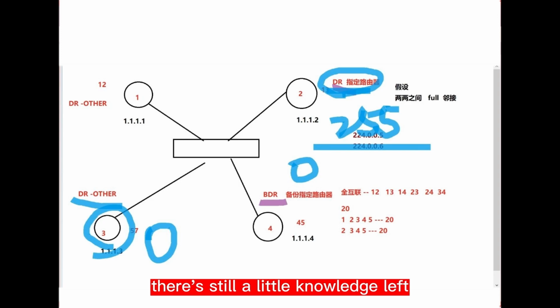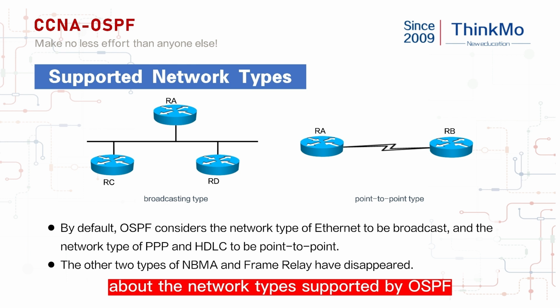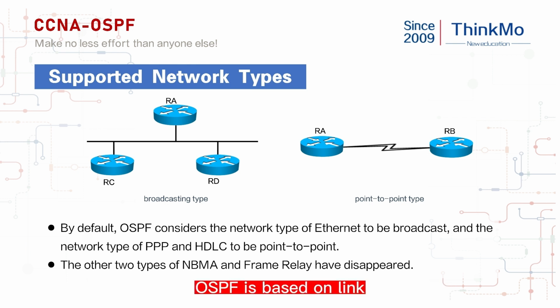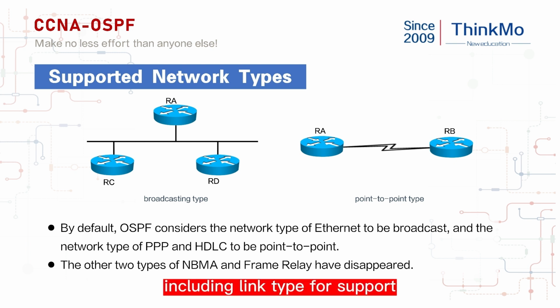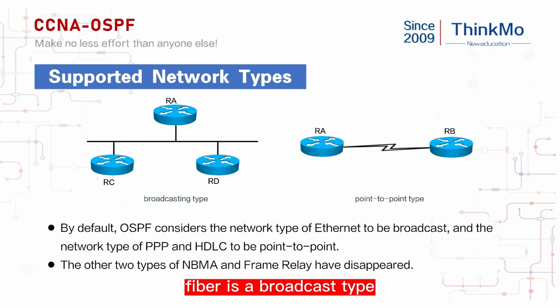What we just talked about are actually some divisions. There's still a little knowledge left. Let's briefly talk about the network types supported by OSPF. OSPF is based on links. This is the interface type, including link types for support. OSPF used by different transmission media supports different environments. Now we use network cables and fiber optics, and the default is the broadcast type. As long as it is a network cable or optical fiber, it is a broadcast type.